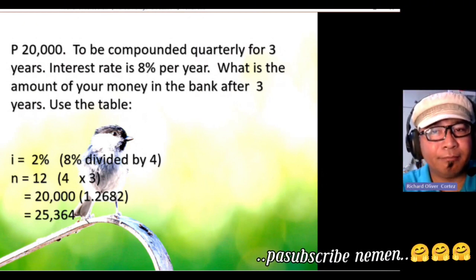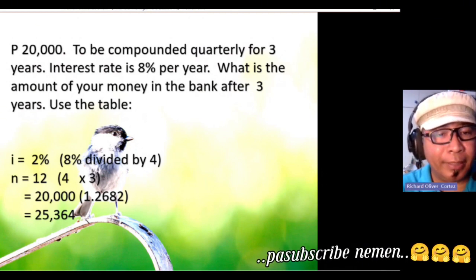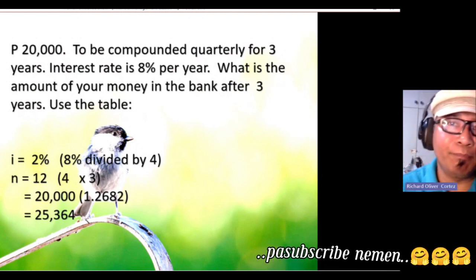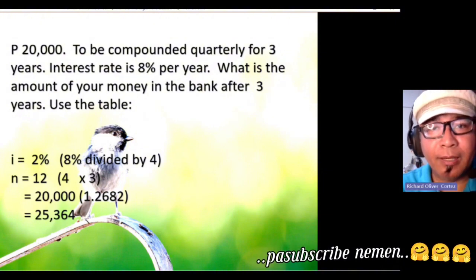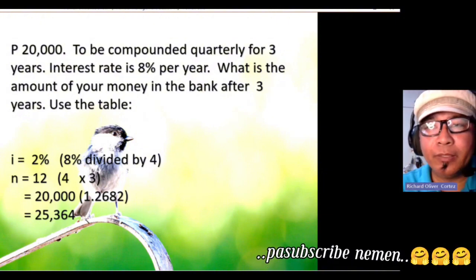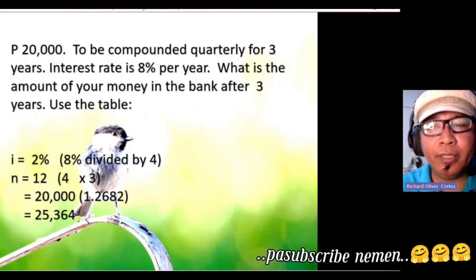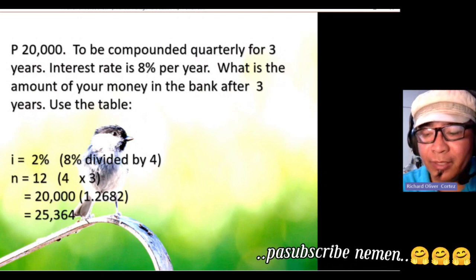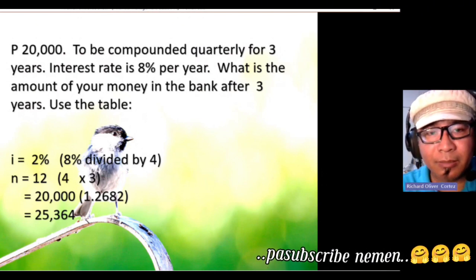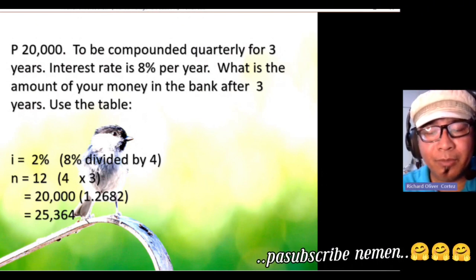Ayan, maganda sa using the table, no? And using the table and using the compound interest formula. Okay, so hope that you are learning and you are anticipating that you're going to invest an amount sa isang bangko using the compound.